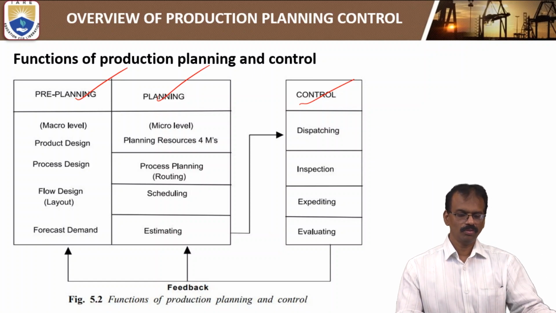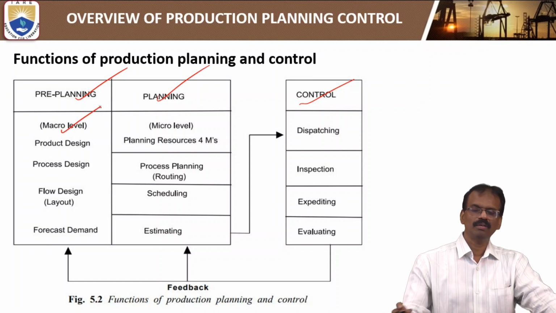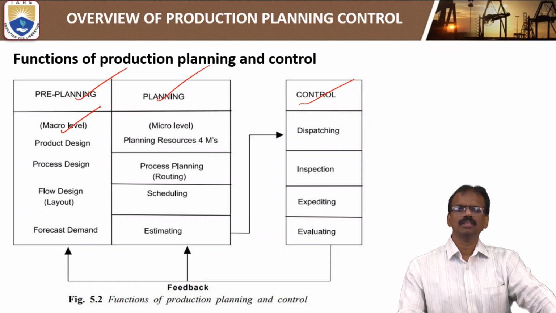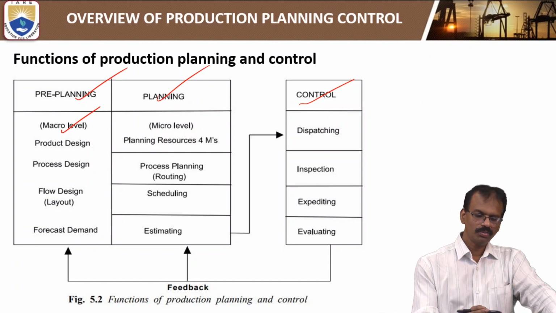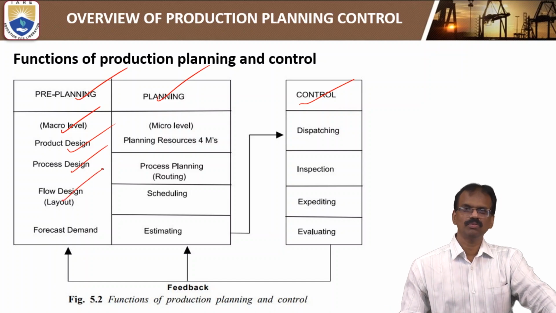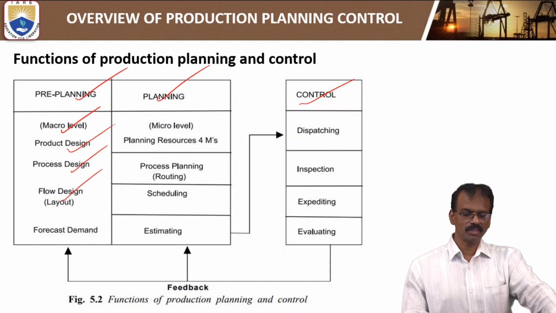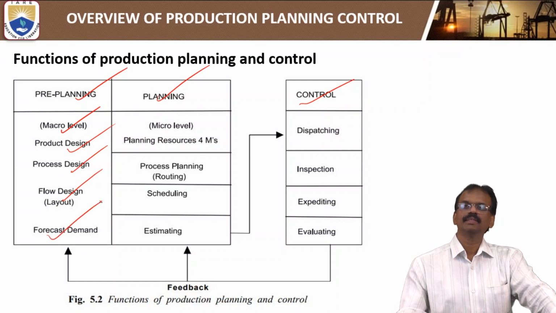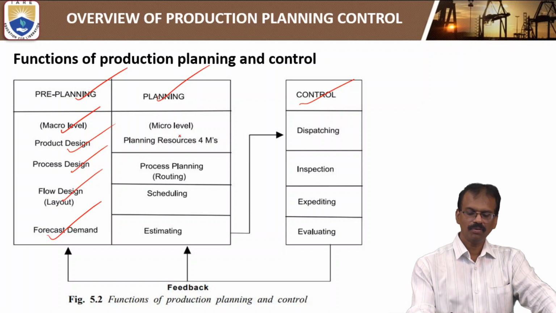This is the macro level planning, based upon the current marketing demand. It also includes product design, process design, and flow design. We'll see one by one the importance of product design, process design, what is flow design, and what is forecast demand.